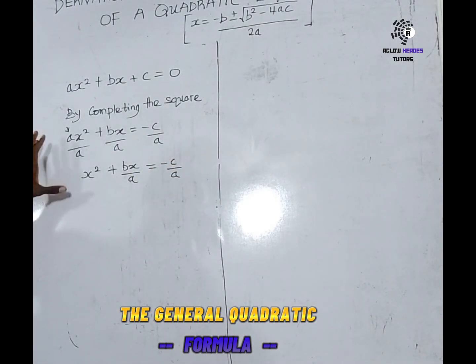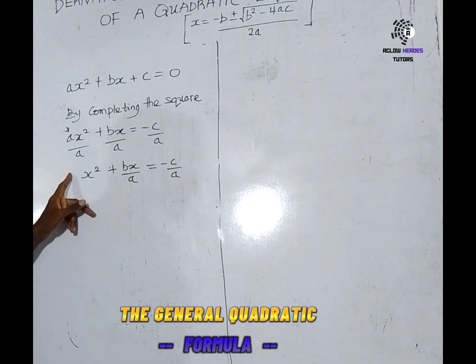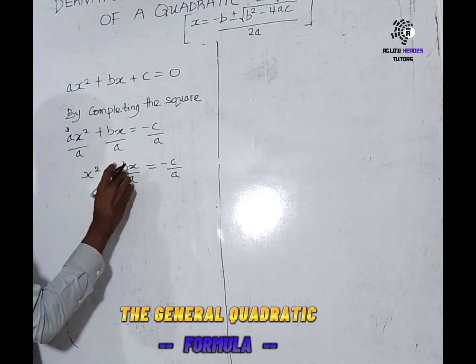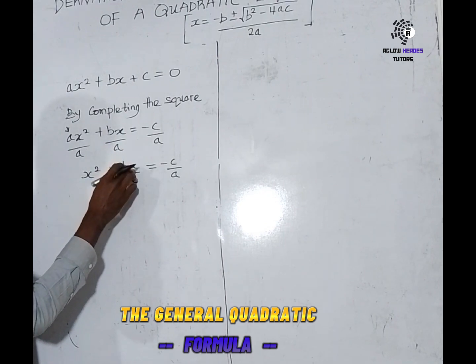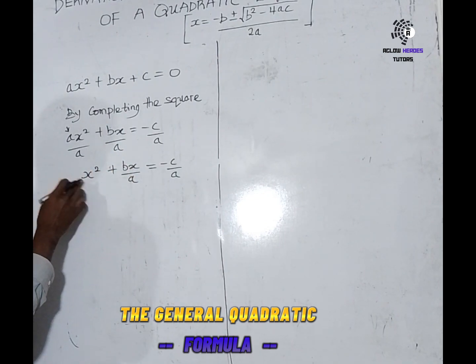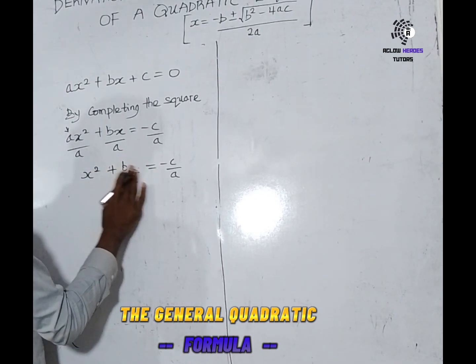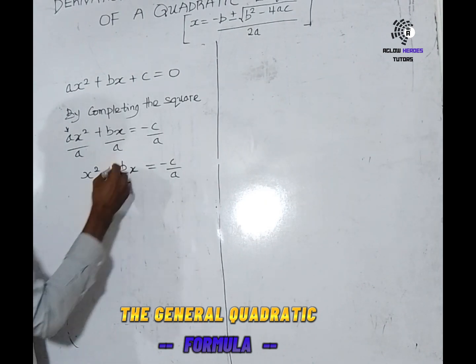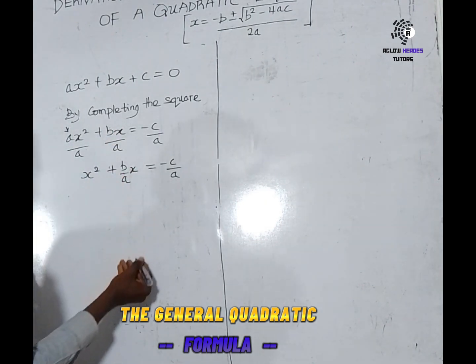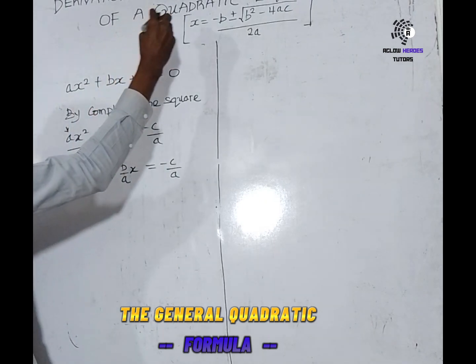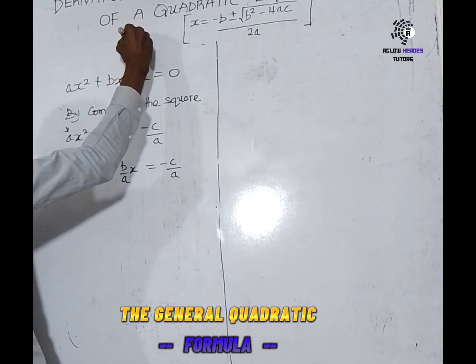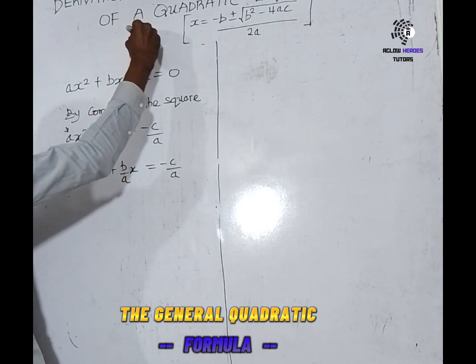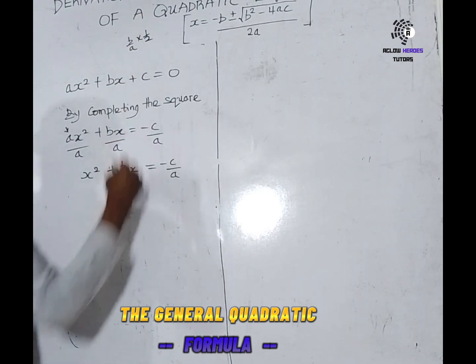Once you have done this, the coefficient of x squared here is 1, so you consider the coefficient of x. That means the coefficient of x will be b over a. So the coefficient of x is b over a. If we have b over a, we multiply it by half.